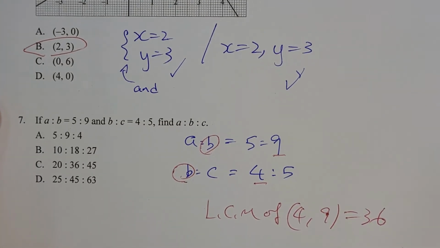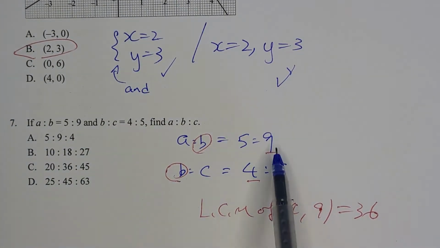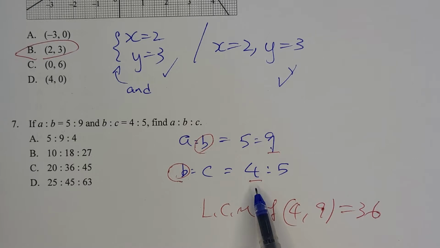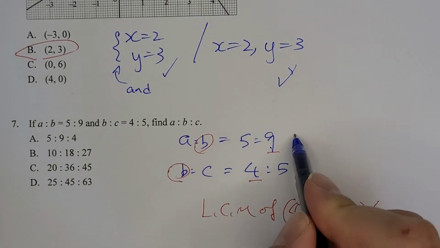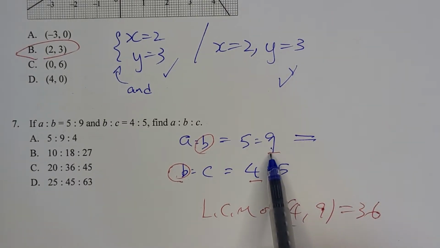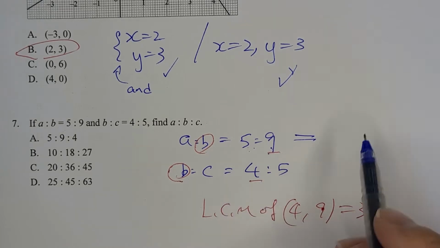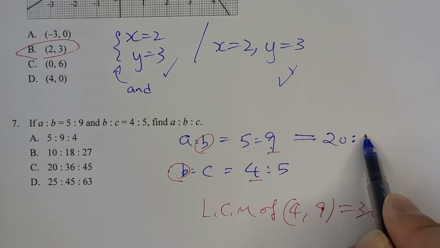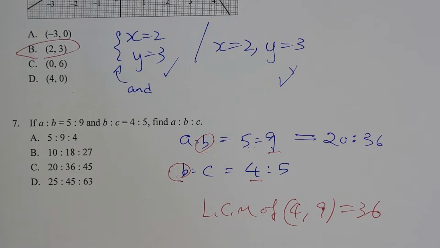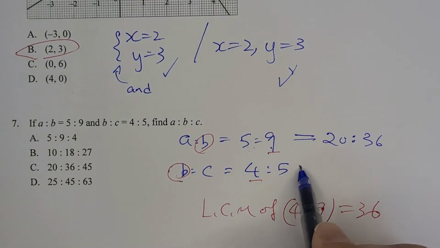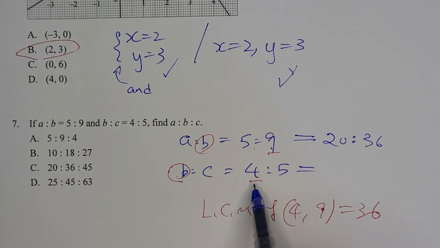Okay, so what does that mean? That means you need to change this number 9 to 36, and this 4 to 36. From 9 to 36, you need to multiply by 4. So both of these numbers, you need to multiply by 4, okay? So 20 to 36. And for the other ratio, from 4 to 36, you need to multiply by 9.